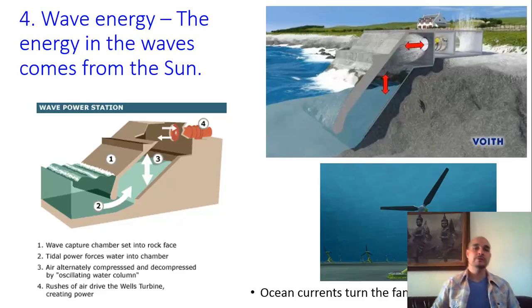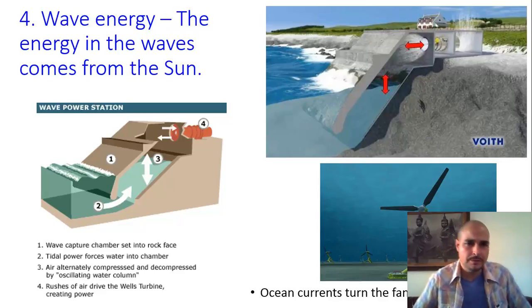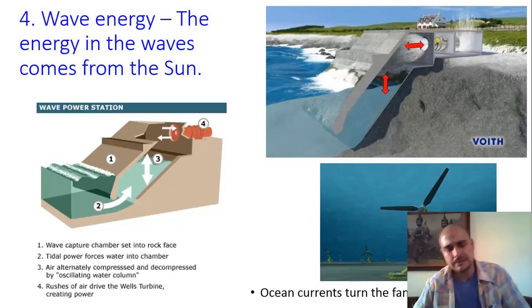Okay, 4, wave energy. This has become more and more popular. Not necessarily popular, but there are more wave energy power plants being built. It's energy from the waves, which originally comes from the sun, and those waves go into a power plant.